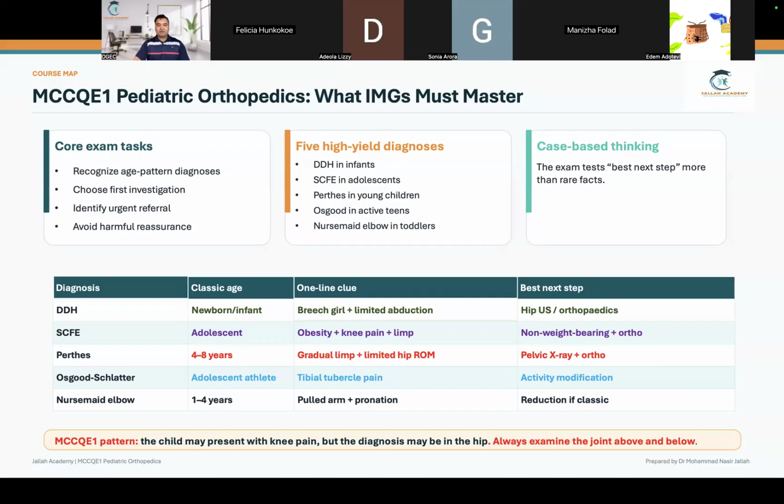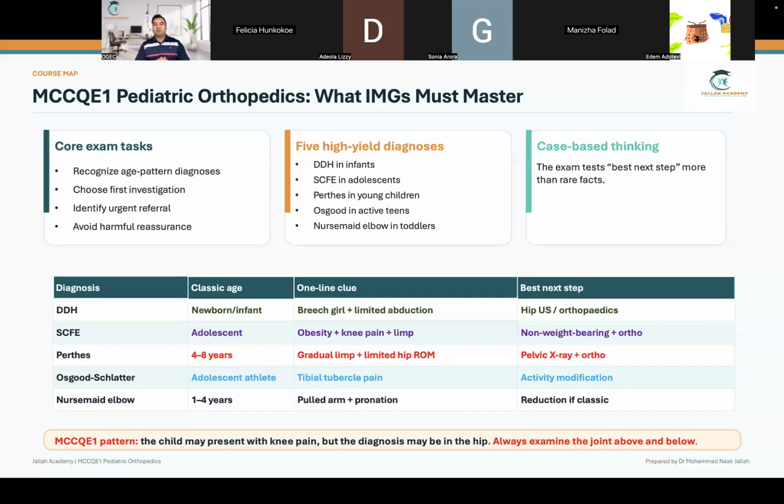Now, let's talk about the second one, which is slipped capital femoral epiphysis. It usually happens in adolescents. Usually, if they give you a scenario about this, they mention the BMI or the weight based on their height, and they don't directly mention that the patient is obese, but based on the BMI you should be able to tell, oh, I have an adolescent and the BMI is over 25, for example.